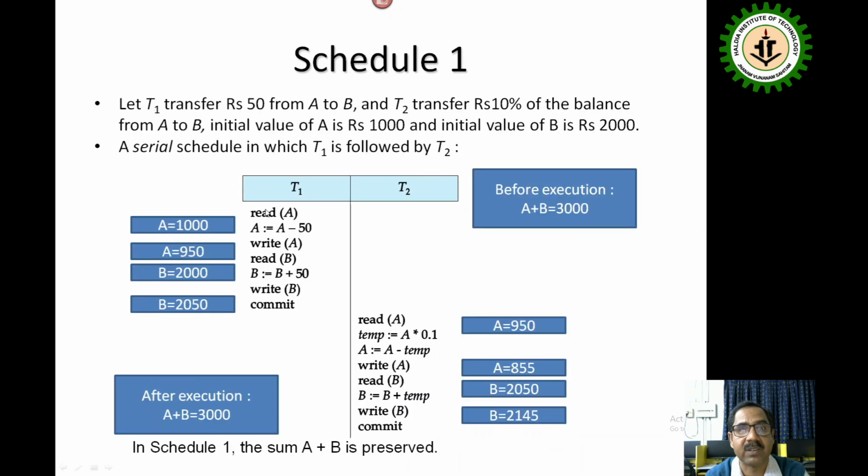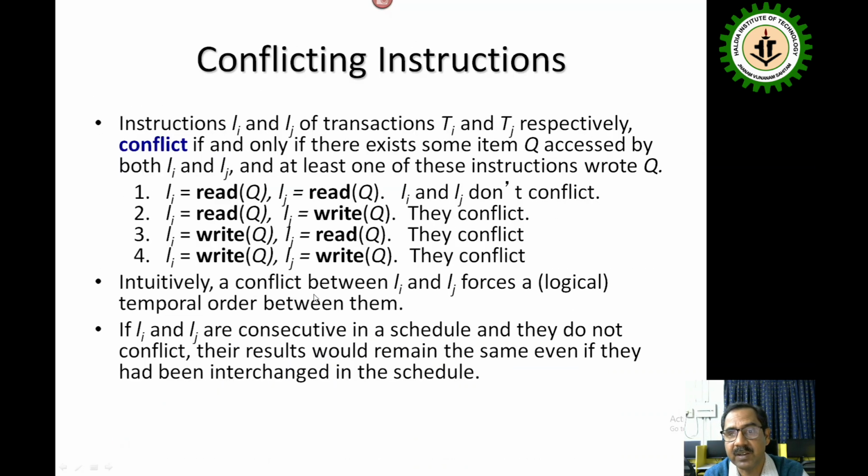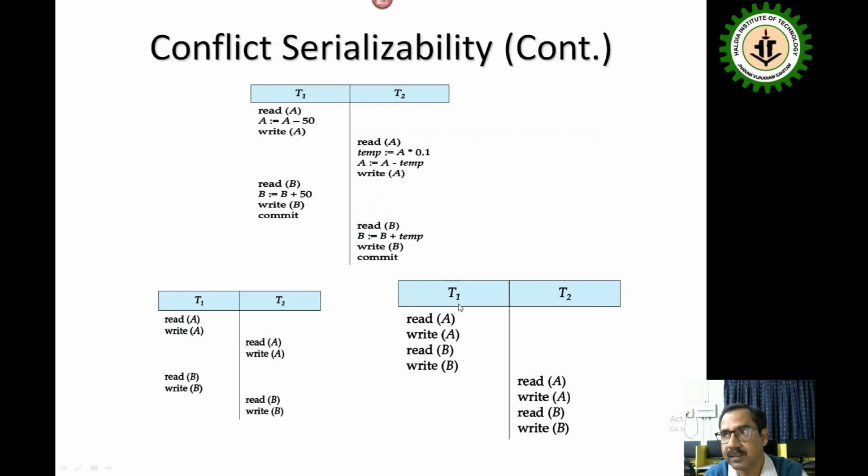So this is the serial schedule, T1 followed by T2, where all the instructions of T1 appear together and are executed first, then all the instructions of T2 appear together and are executed after finishing T1. So this schedule is equivalent to serial schedule 1, T1 followed by T2.